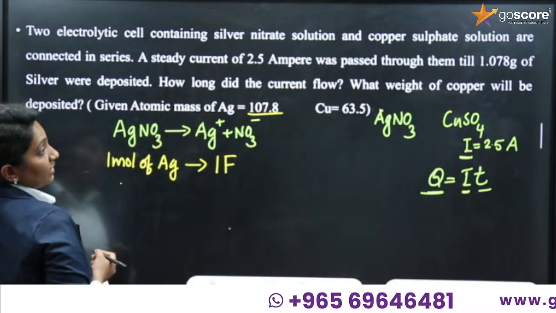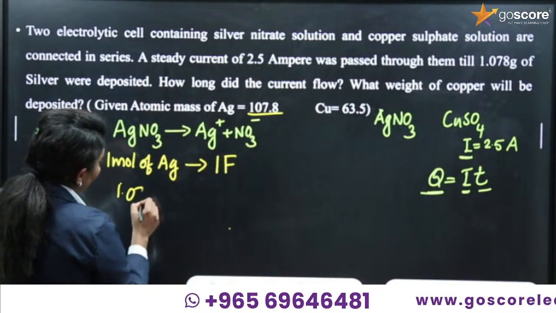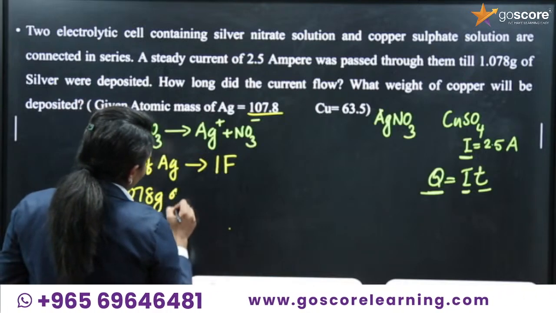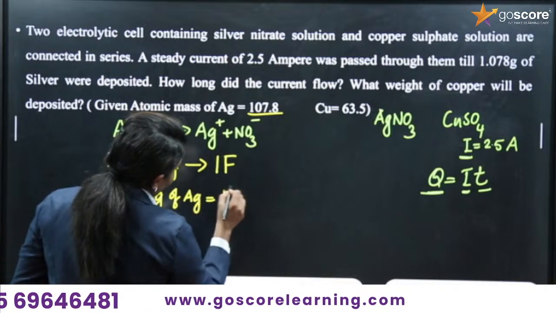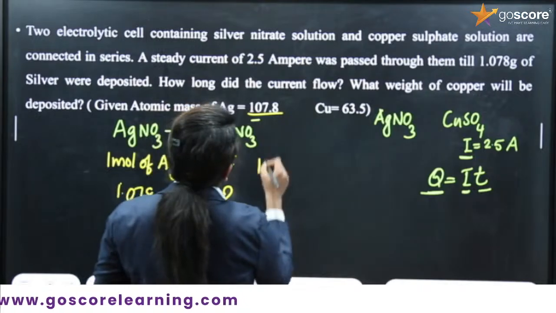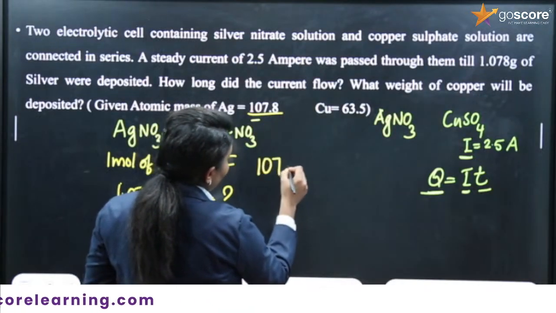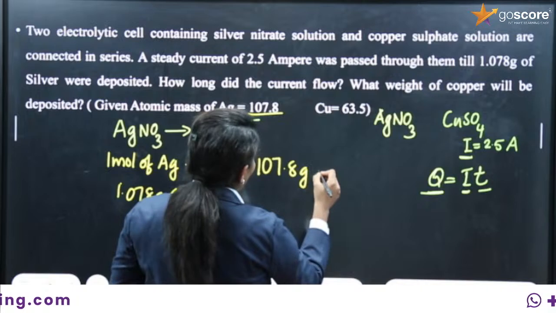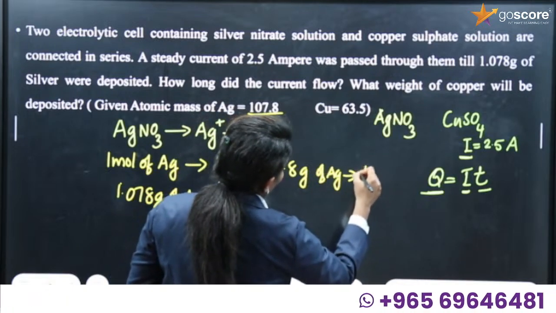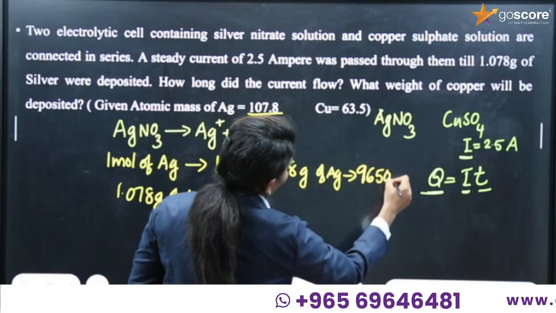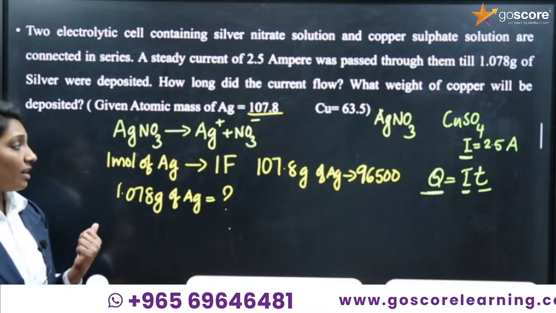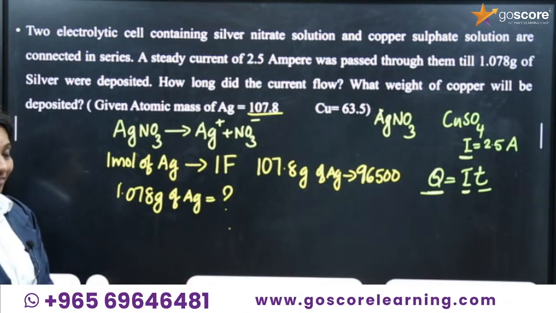Here we have a deposit of 1.078 gram of Ag. How much charge is required? That is what we want to find out, right? So 107.8 gram of Ag will be deposited by 1 Faraday, that is 96,500. So you can easily calculate how much charge is required for 1.078 gram.